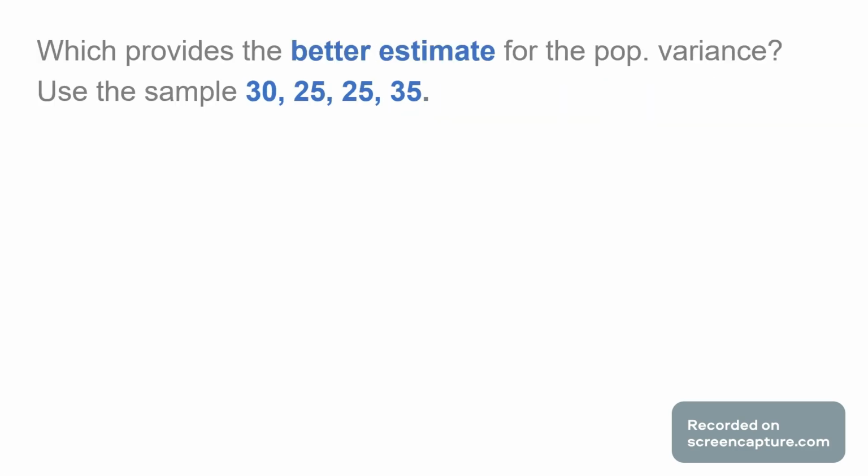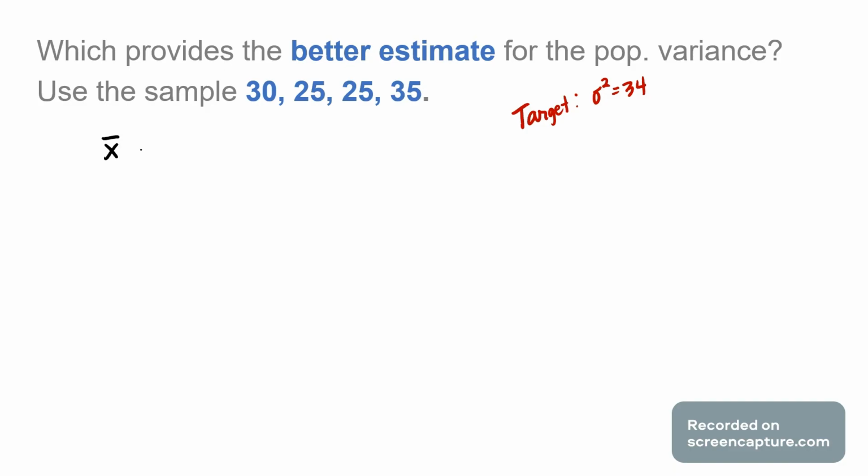So using our population, what if we take a smaller sample out of it? Let's just use the first four values: 30, 25, 25, and 35. And before we start, let's first write our target parameter from a while ago. We identified this one as 34, right? So let's now calculate first the mean of the sample.